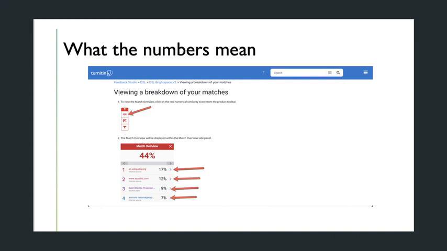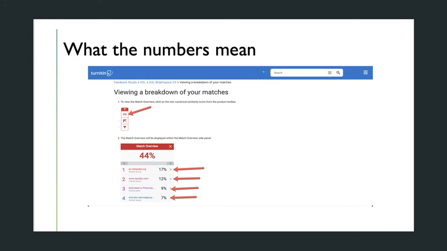In this particular paper, 17% of the student's information came from Wikipedia. Now remember, at the college level, Wikipedia is not an appropriate source to use. You'll notice that 12% came from another site, 9% came from a different site again, and 7% came from yet another site. So what does this all mean?